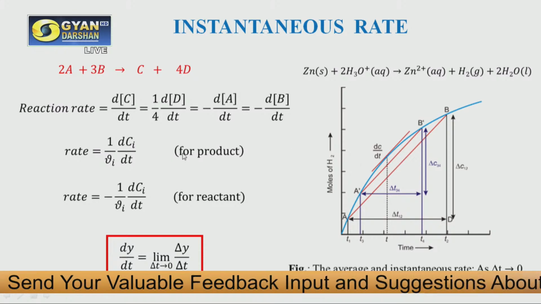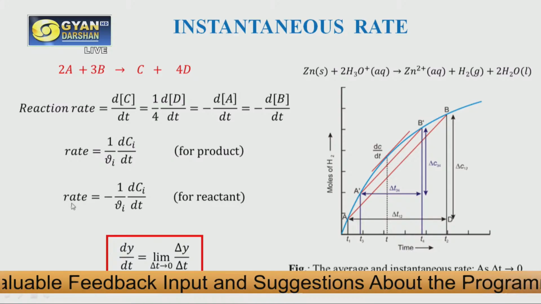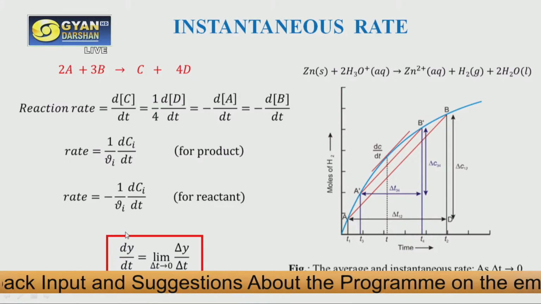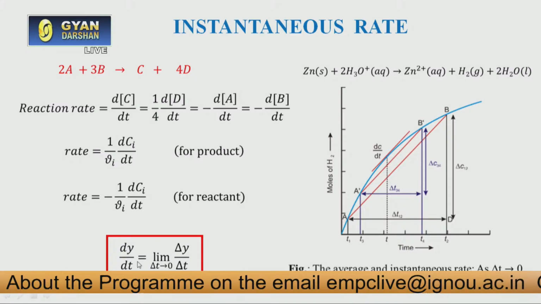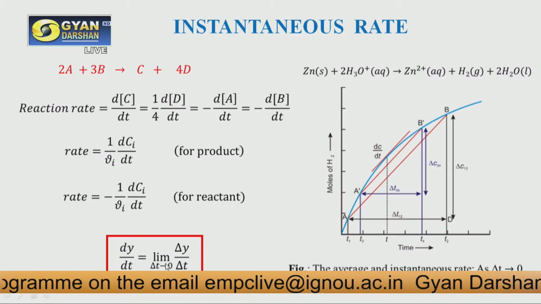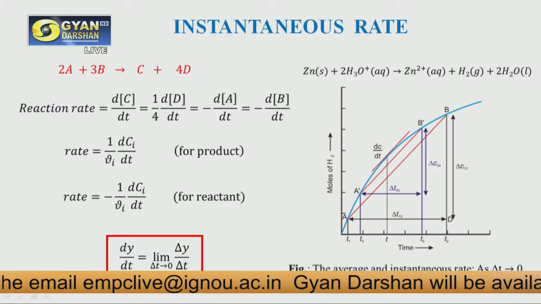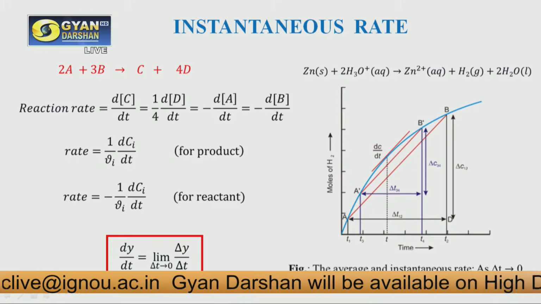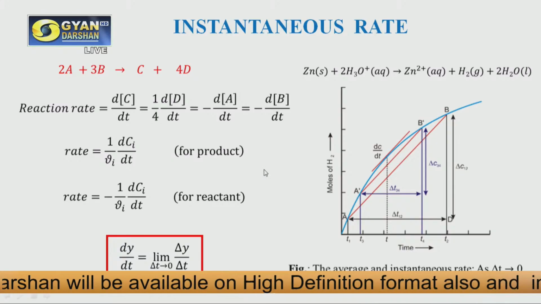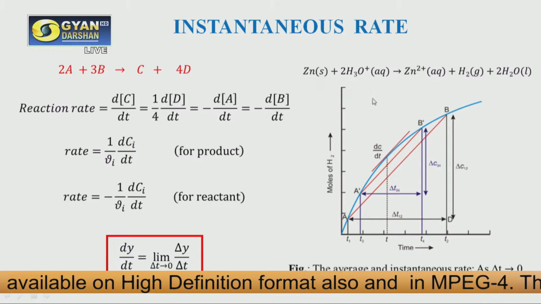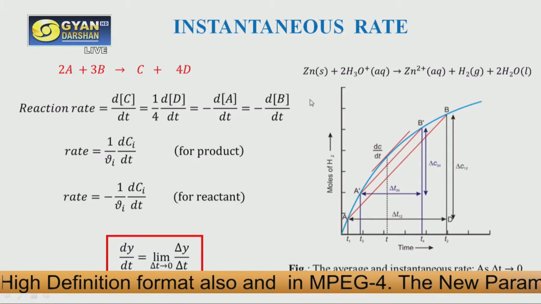We can write the relation between instantaneous rate and average rate by this equation, where dy by dt is the limit as delta t tends to 0 of delta y by delta t. Here delta y can be replaced by the concentration of the reactant or the concentration of the product. This plot is given by the hydrolysis of the zinc.